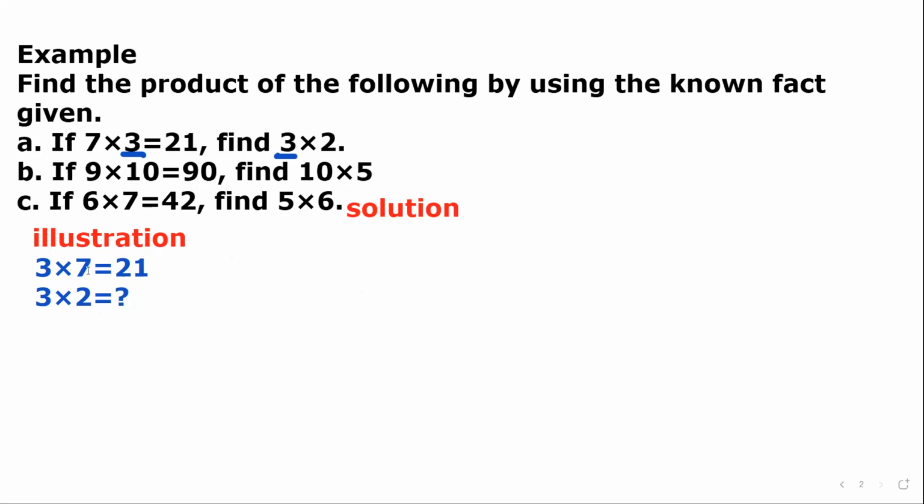Now, from 7 to 2, which means that it has been decreased. Looking at this one here, from 7 we know the answer. To the 2 here, we don't know.